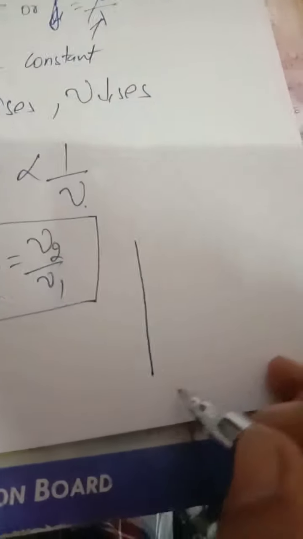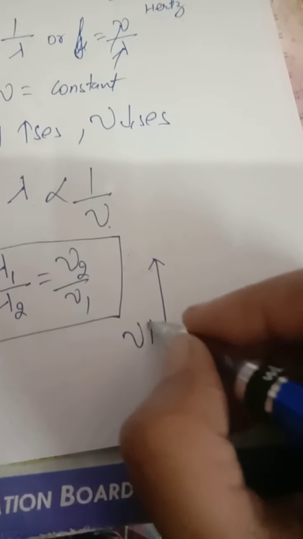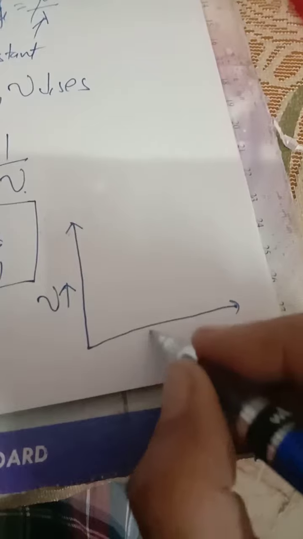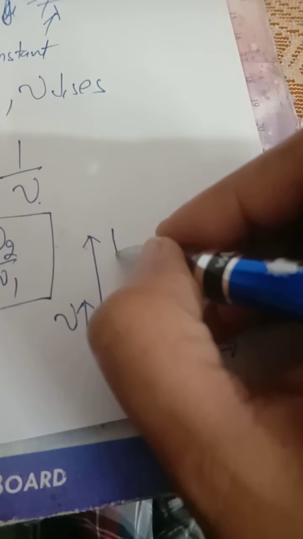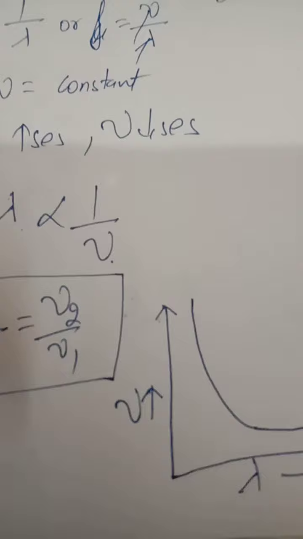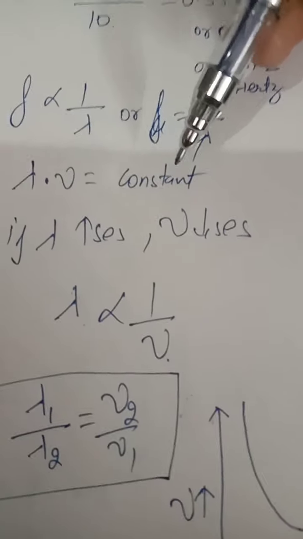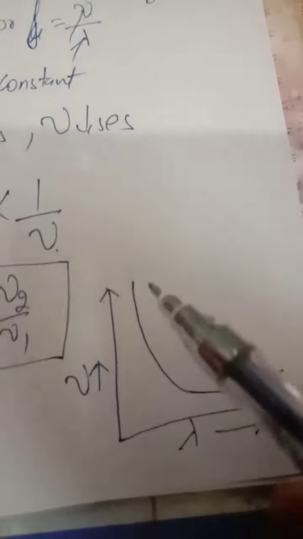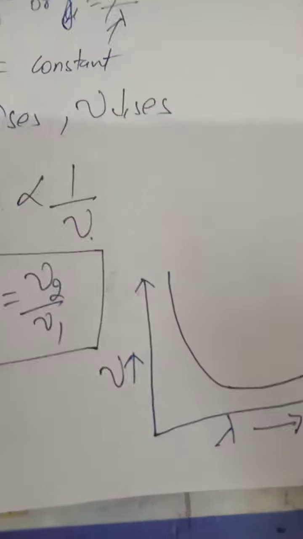Suppose we have to draw the graph between frequency and wavelength, frequency along the y-axis and wavelength lambda along the x-axis. We'll always get a rectangular hyperbola. Please learn: wherever the product of two quantities is constant, the graph will also come in this shape, that is a rectangular hyperbola.